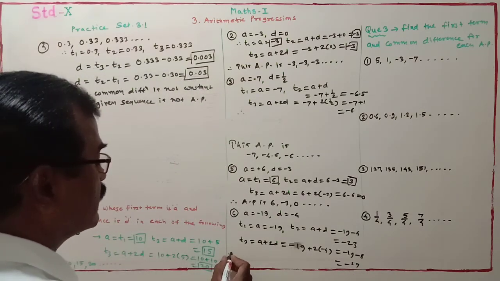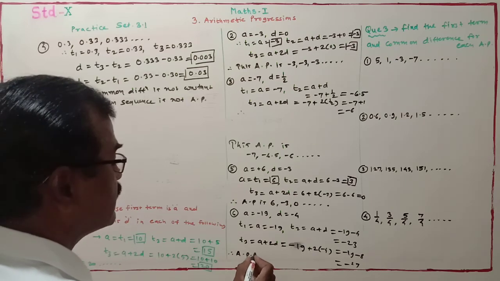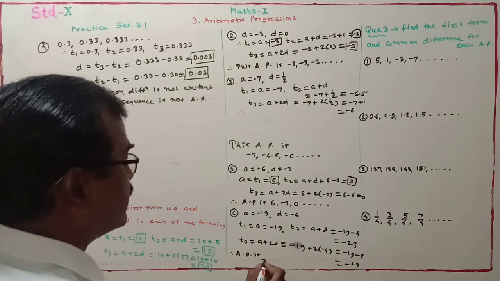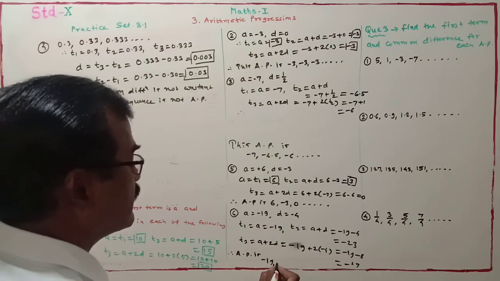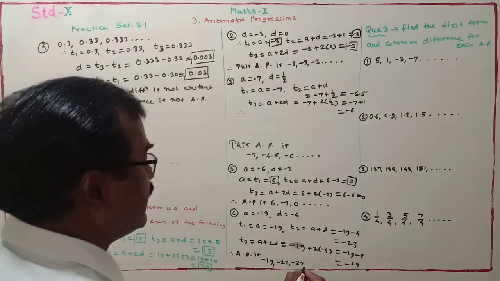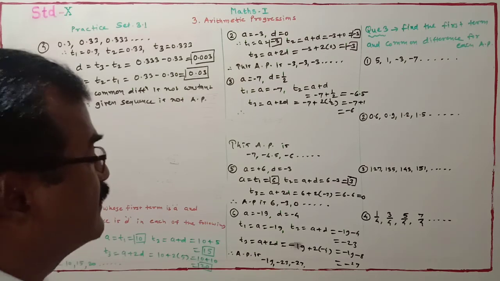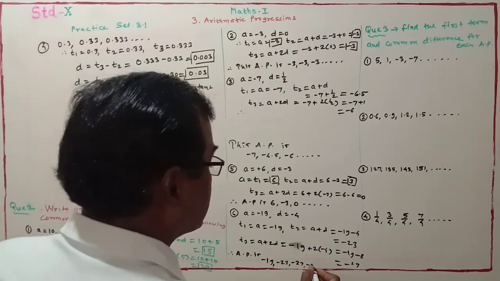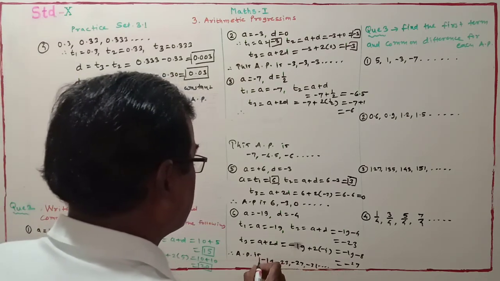Therefore, AP is minus 19, minus 23, minus 27 and minus 31, etc.